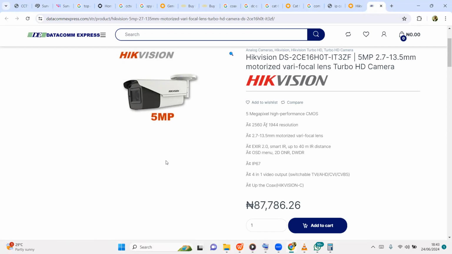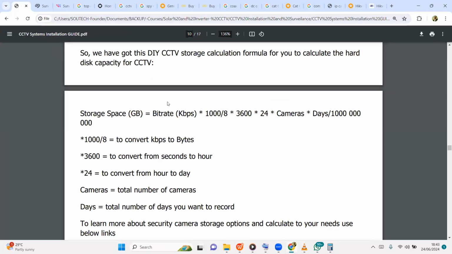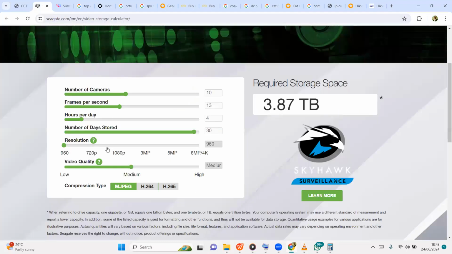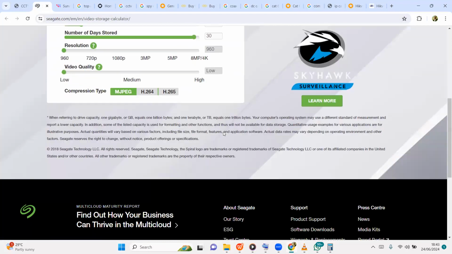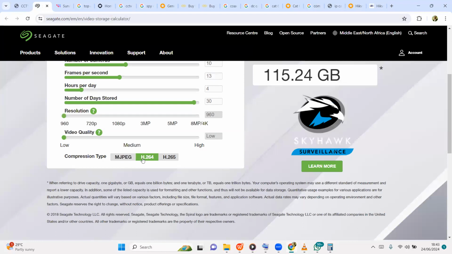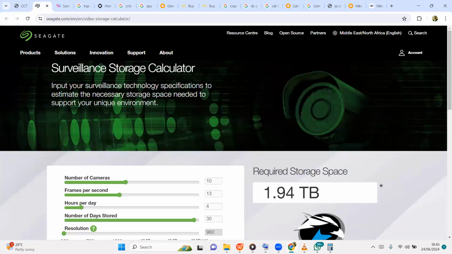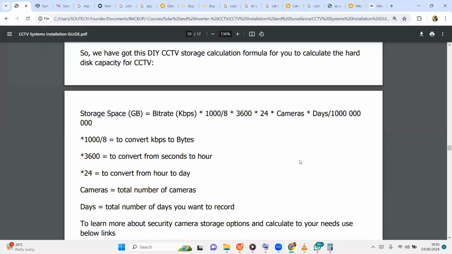That's why in some videos, somebody is able to pick up the picture of the car but cannot pick up the number. So the higher the megapixel, the better. This gives you an idea about how much space you need for the hard disk that is going to be inside the NVR or DVR.